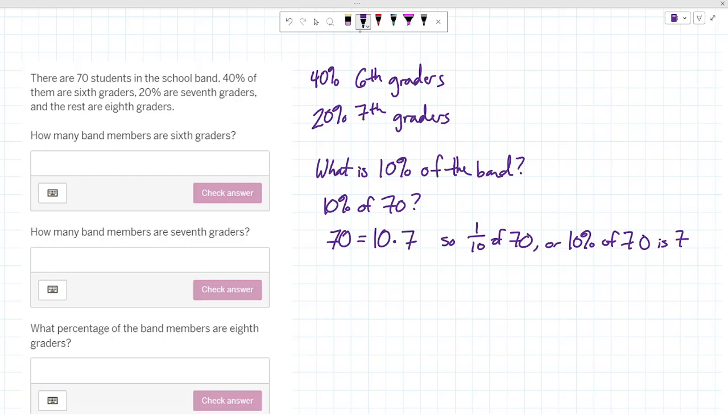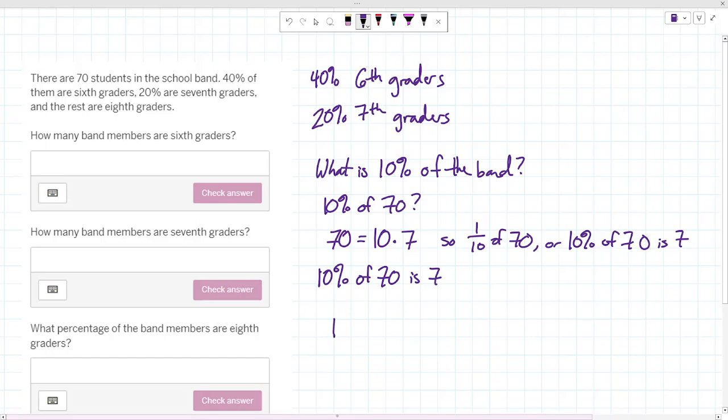I want to mention that here because some of this stuff is just a little coincidental that we can think of 1/10 of 70 for 10%. That happens because there are 10 groups of 10% in 100%. Okay, so 10% of 70 is 7. I already wrote that.